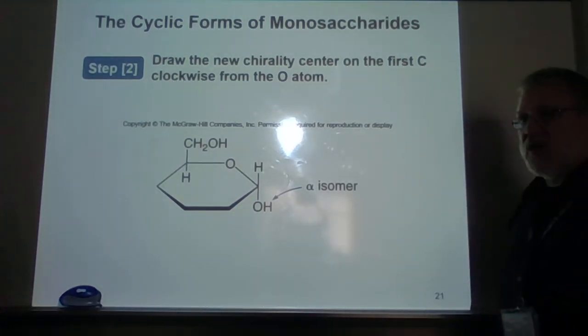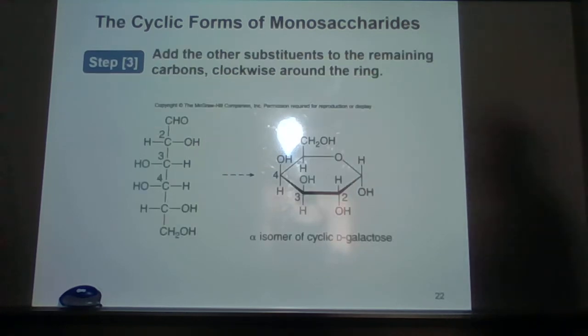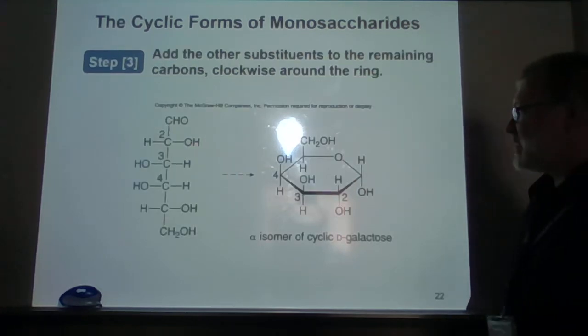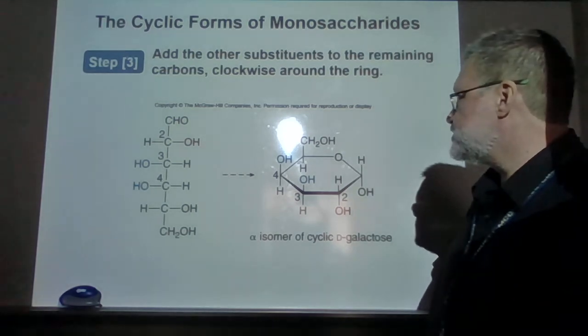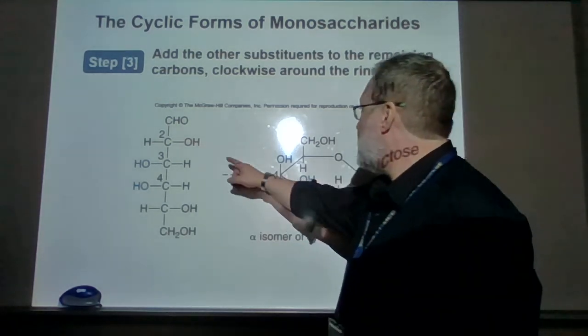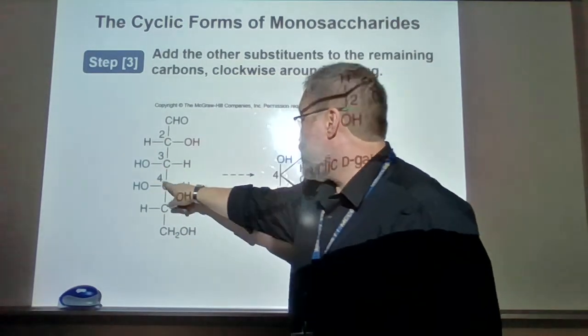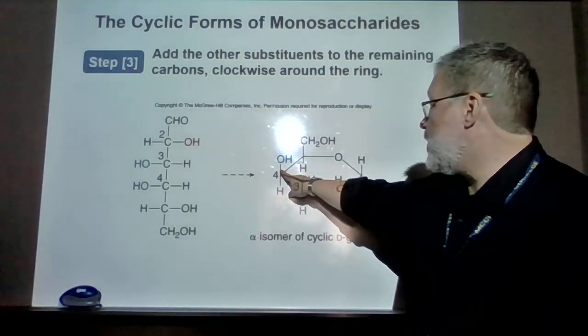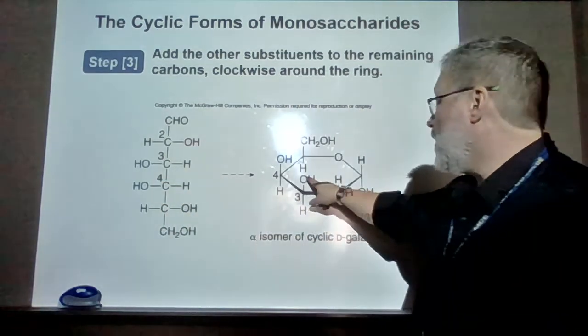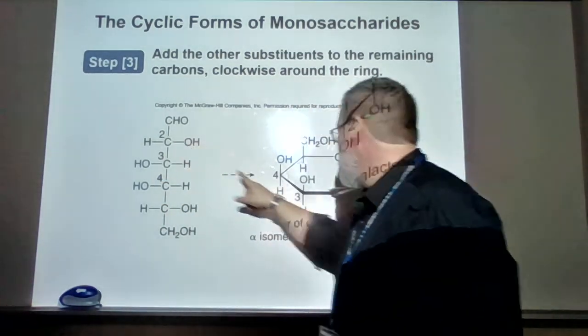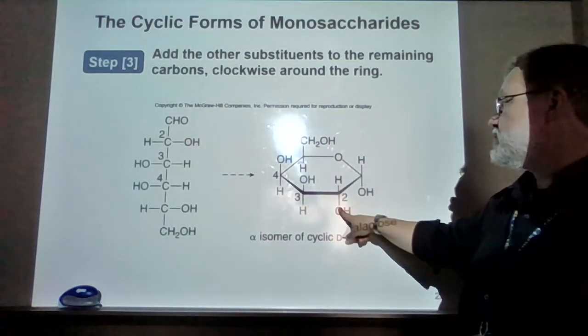Then we place in all the other substituents in their relative positions. Since we rotated this down and that up, at 4, the OH is up. At 3, the OH is up. At 2, the OH is down.